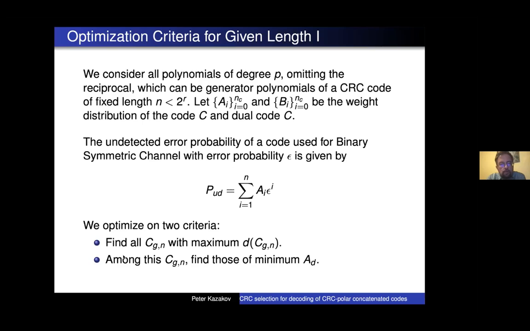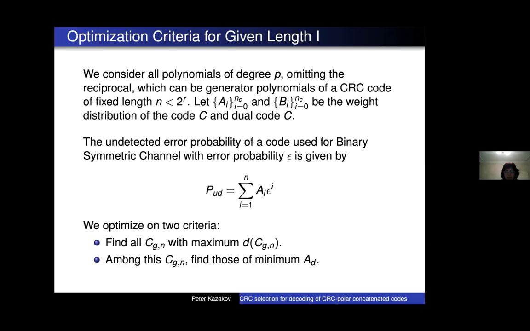So to find for a given length the optimal polynomial, we first have to find the maximum d among all polynomials, and among all polynomials that have this maximum d, we have to find the minimum ad.